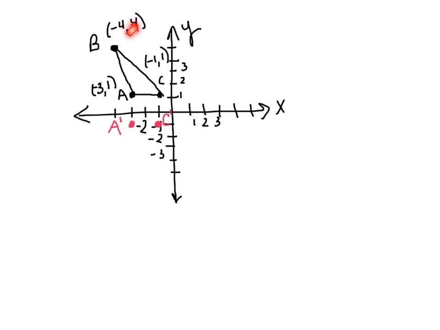The y-coordinate is going to change from 4 to negative 4. Therefore, I'm going to graph negative 4, negative 4. Which would be right there, and that's going to be B prime. So now I graph this. Oops, and that's a bad graph here, so I'm going to erase this line.